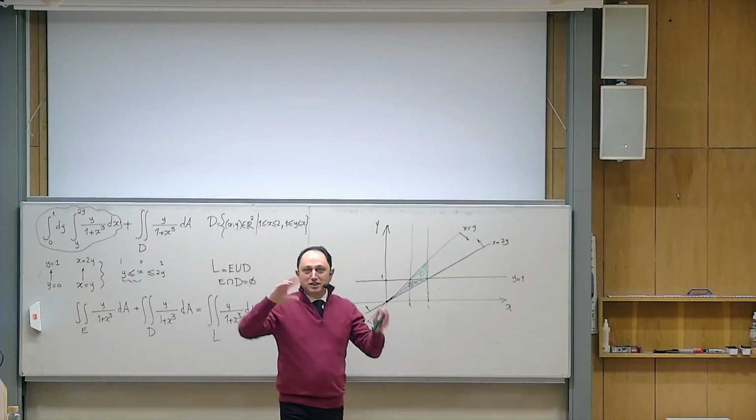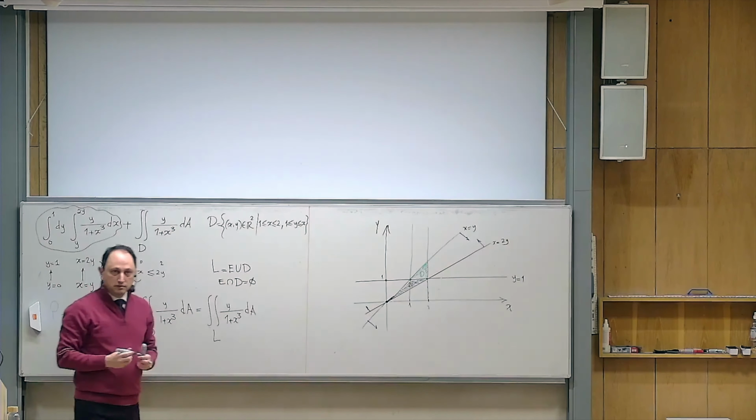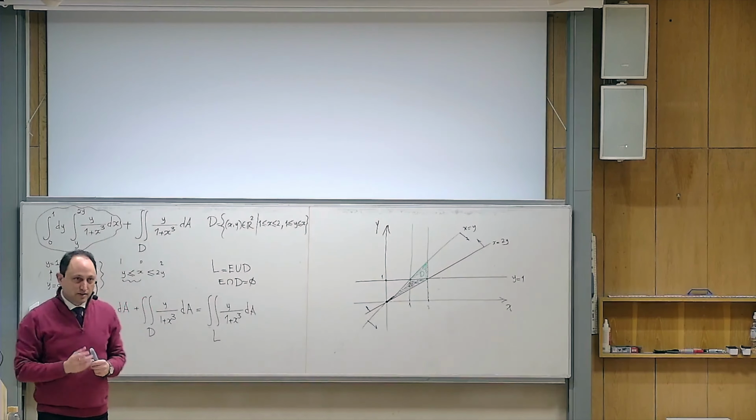So the question mark of this question is the sum, which is still the same. But look, instead of calculating two different integrals and adding them up, I can calculate a single integral but on a bigger domain. That is the point of this exercise.